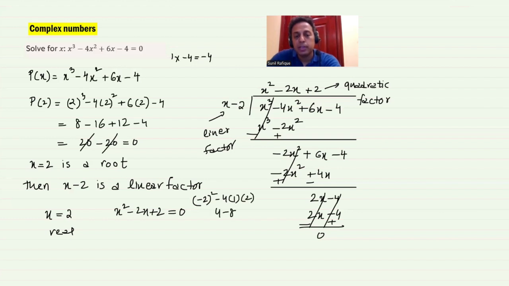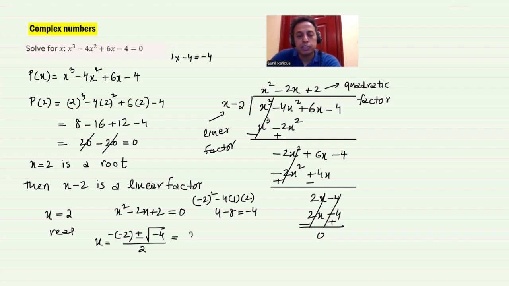Oh, so clearly you can see that it has a discriminant which is less than 0, so it must have two imaginary roots. So minus b plus minus, I've already calculated the discriminant is going to be negative 4, over 2a, which is 2.